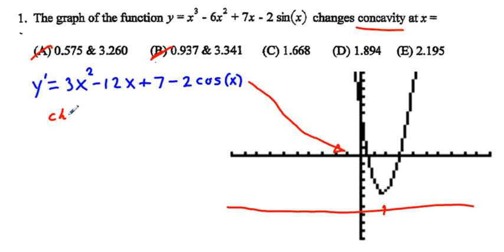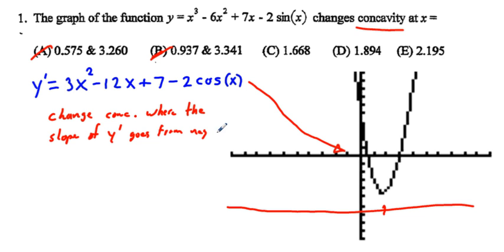To change concavity, the slope of y prime goes from negative to positive, or from positive to negative.